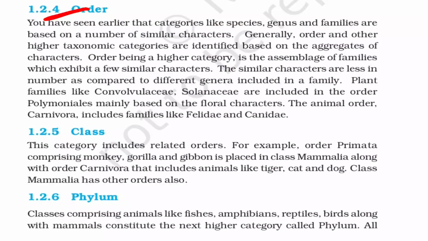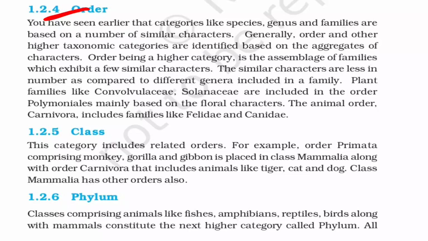Now the order. You have seen earlier that categories like species, genus, and family are based on a number of similar characters. Generally, order and other higher taxonomic categories are identified based on the aggregates of characters. Order, being a higher category, is an assemblage of families which exhibit a few similar characters.